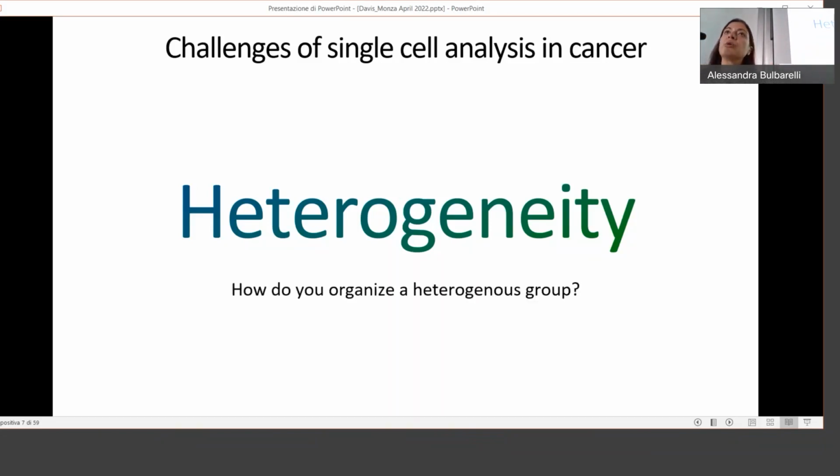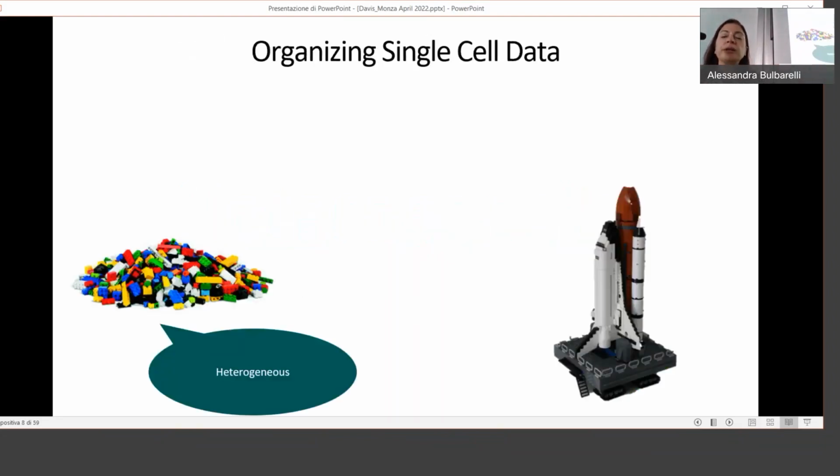So one of the first questions that we had to answer as we were starting to generate data was, how do you organize such a very heterogeneous group into something that makes any sense? And so I like this analogy. I think about this a lot like a pile of Lego blocks, which you start out, looks like a big heterogeneous pile of Legos, or, also can be called a big mess.